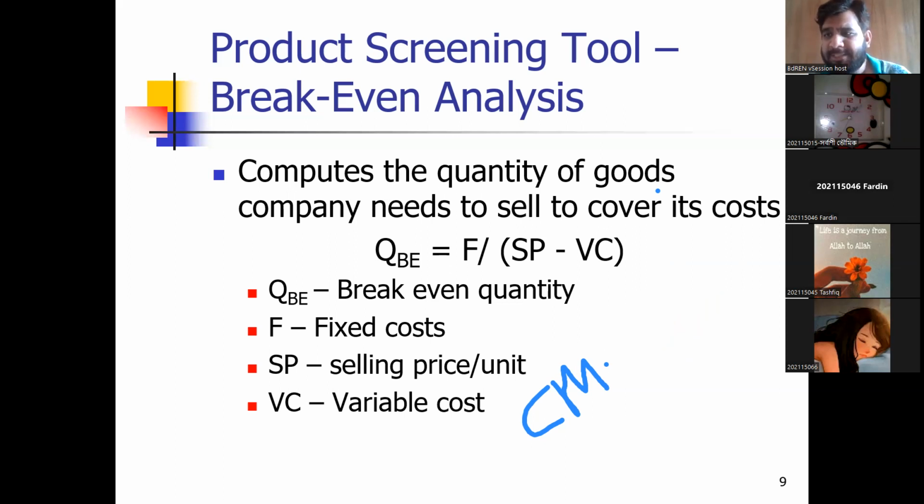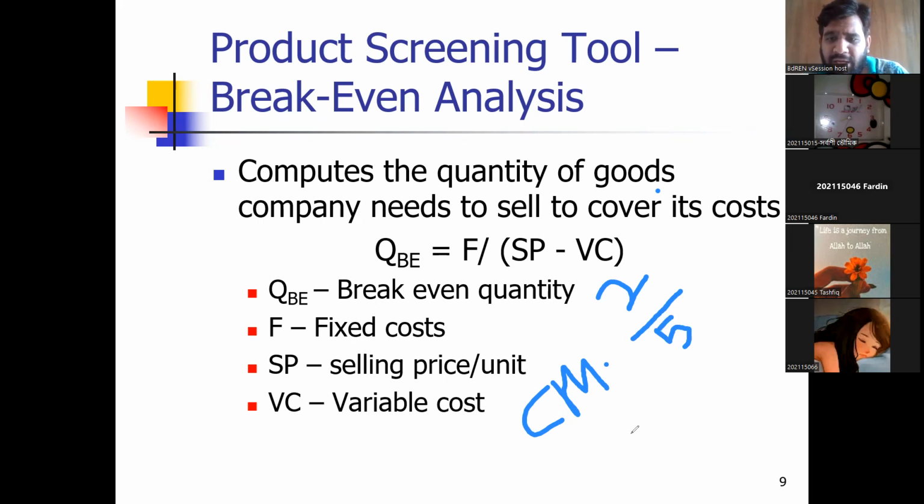CM ratio equals contribution margin. আমাদের contribution margin কত ছিল? What is our contribution margin? $2. 5 minus 3, $2, yes is it? Divided by sales price. Sales price কত? 5.